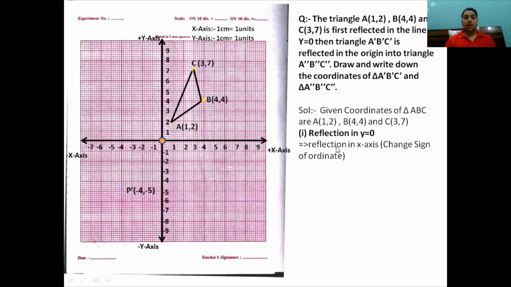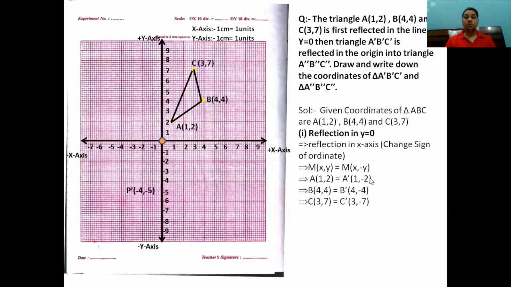Now the first common rule here: to be reflected in y = 0 means reflection in the x-axis, that means change the sign of your ordinate here. So the points A, B, C are reflected to new points, or their images will be (1, -2), (4, -4) and (3, -7). We have changed the sign of the ordinate here.